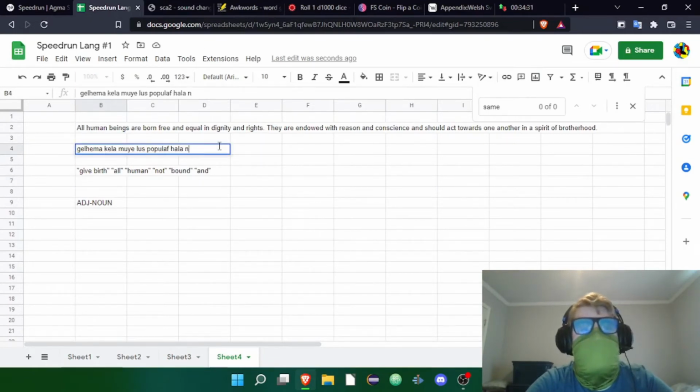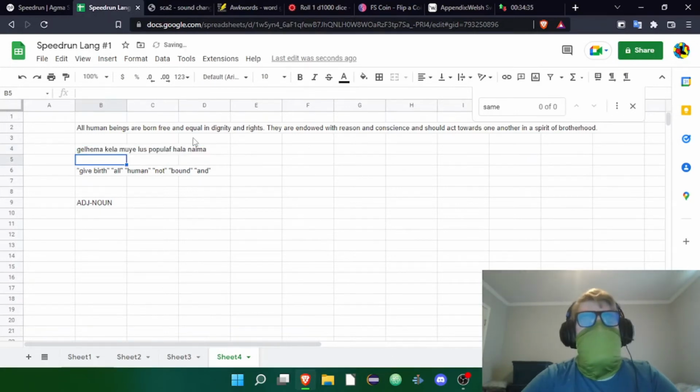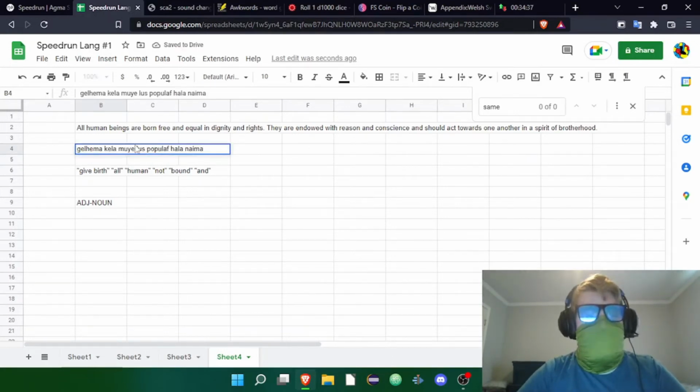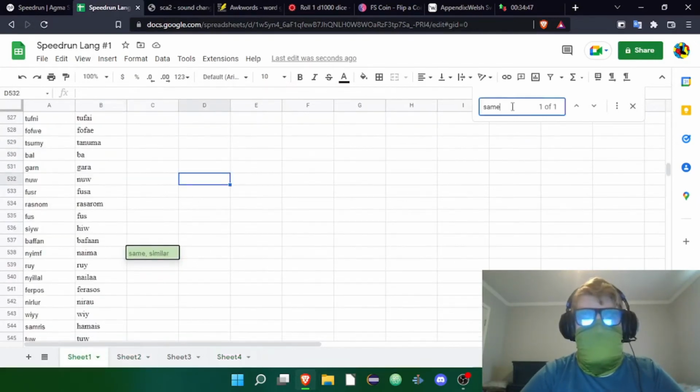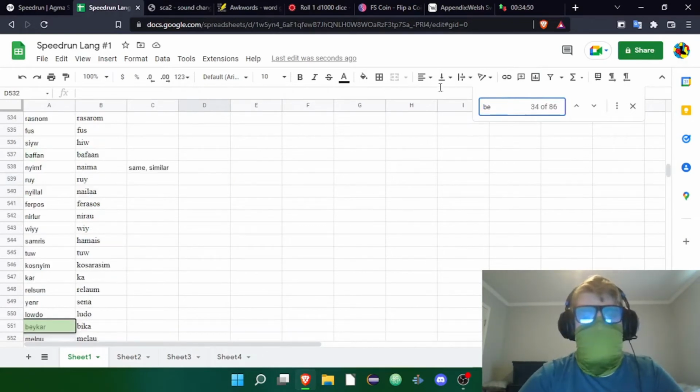And we need to link this clause together somehow. Let's use a copula to link those clauses together.